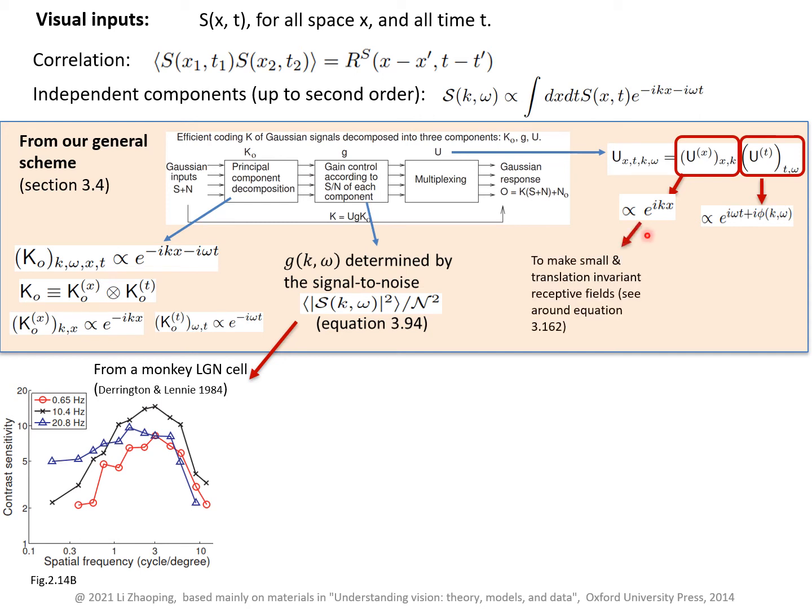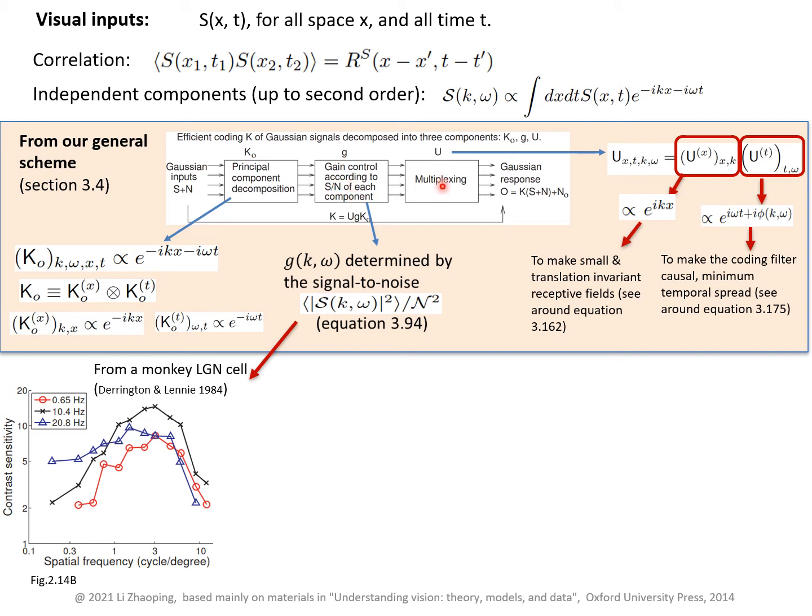This is for making small and translation invariant receptive fields, and this is for making temporal receptive fields that are causal and have a minimal temporal spread. We note that this is done by having this phase function phi, and here we need a phase function of temporal frequency omega for each spatial frequency k.